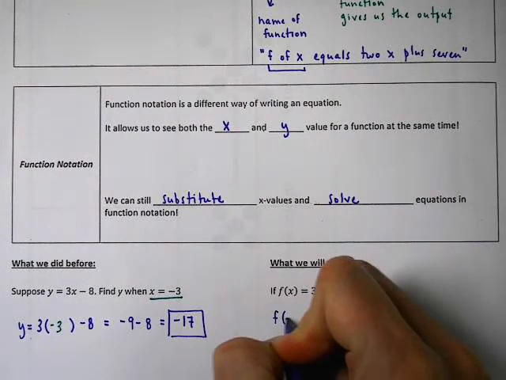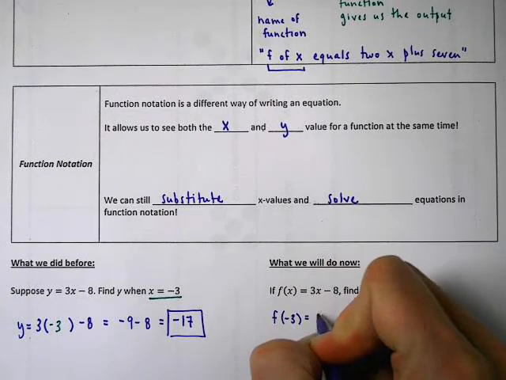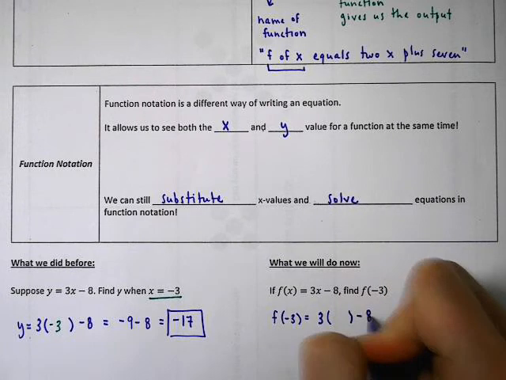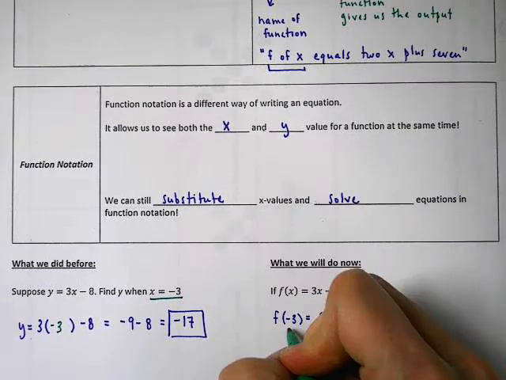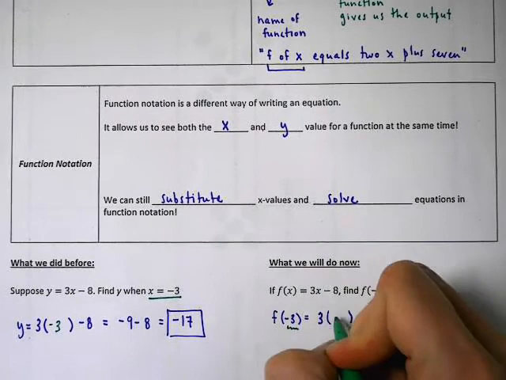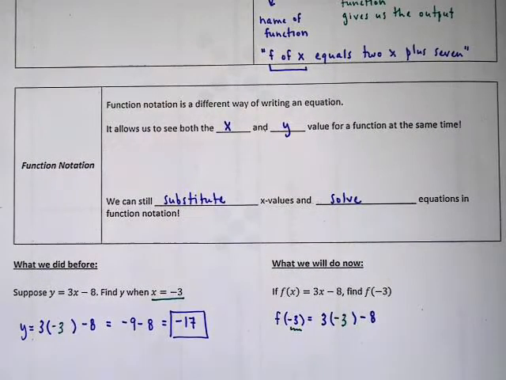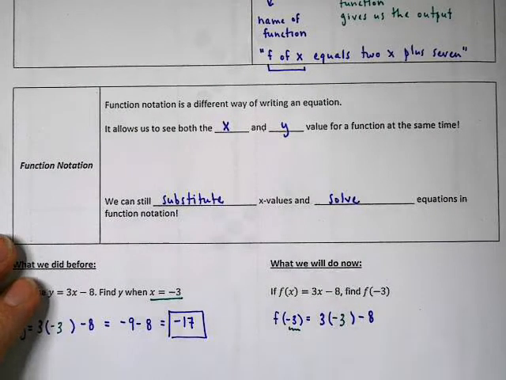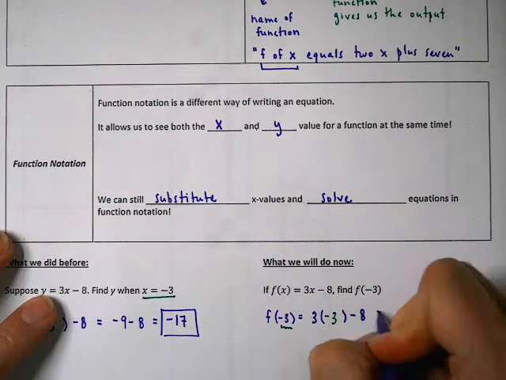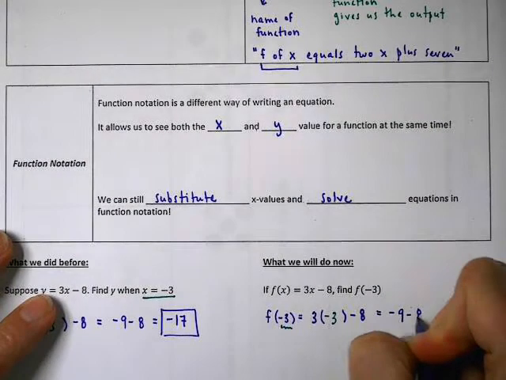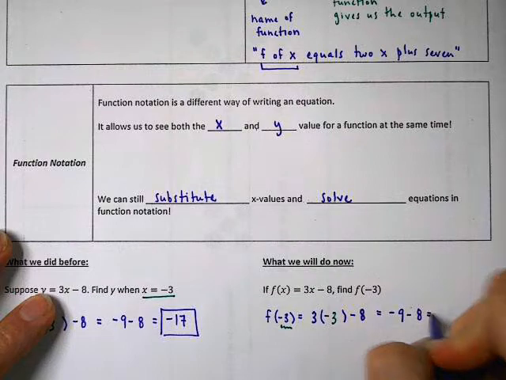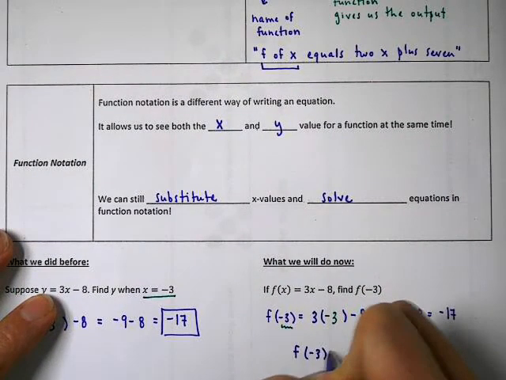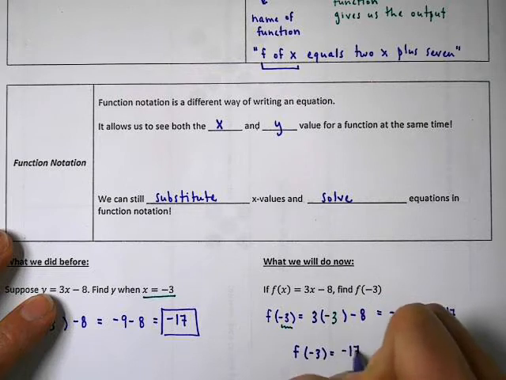So f of negative 3 is now 3 times something minus 8, but that something here, this negative 3, just gets substituted in for that x value. Wherever I had x before, now I'm replacing it with a negative 3. So again, it'd be negative 9 minus 8 is a negative 17. So we would say f of negative 3 equals negative 17.